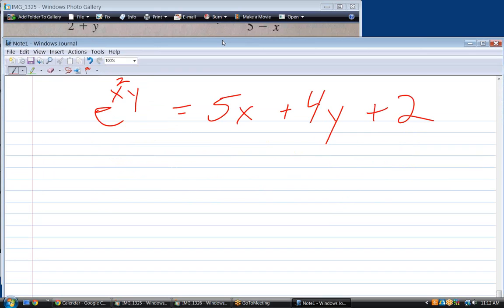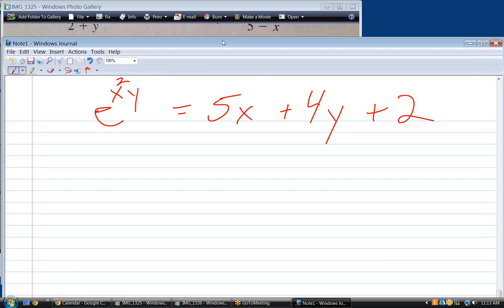So, I want to do the derivative of both sides with respect to x. What's the derivative of the left side? Is it 2x? It's the derivative of the outside times the derivative of the inside. Okay?